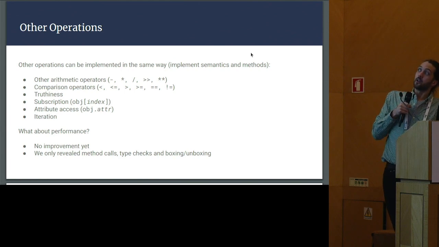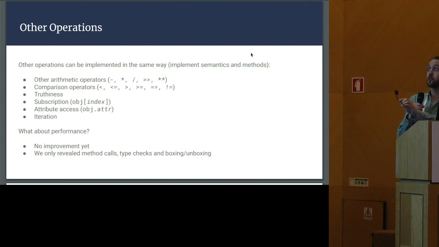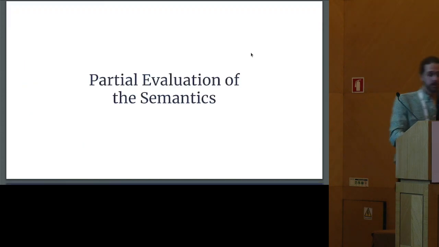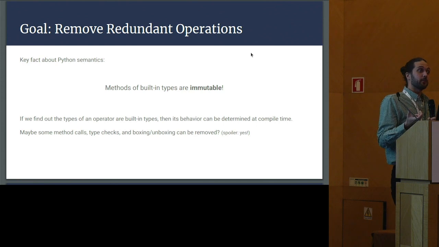The question now is, what about performance? And the answer is, at that point, there's no change, because we've shown where the type checks are, we've shown where the magic methods are being recovered, but we did not remove them. And this is where partial evaluation of the semantics comes in. We at some point realized a key fact about Python, which is really handy.